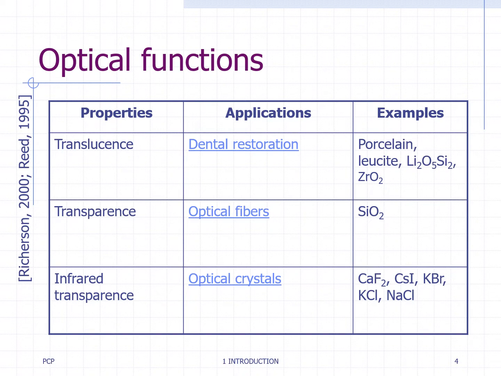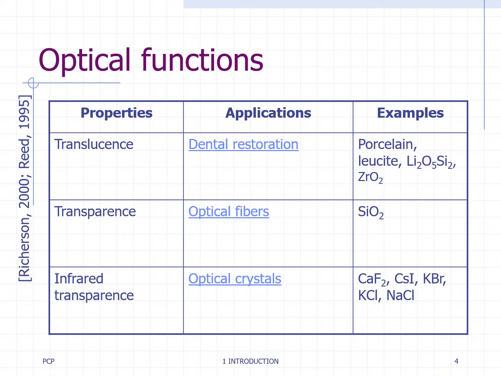Starting with optical functions. Ceramics might be opaque, translucent, or transparent, depending on the amount of light that is transmitted through them. Translucence is required, for instance, for orthodontics applications to resemble natural teeth, like dental porcelain.